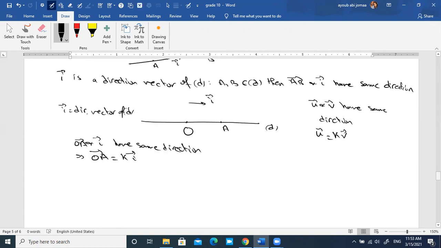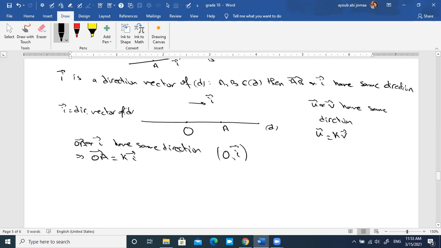And the vector I together with the point O, we call the system of line D. Why? Because for any point A on the line, you can write OA equal to some constant times this direction vector.